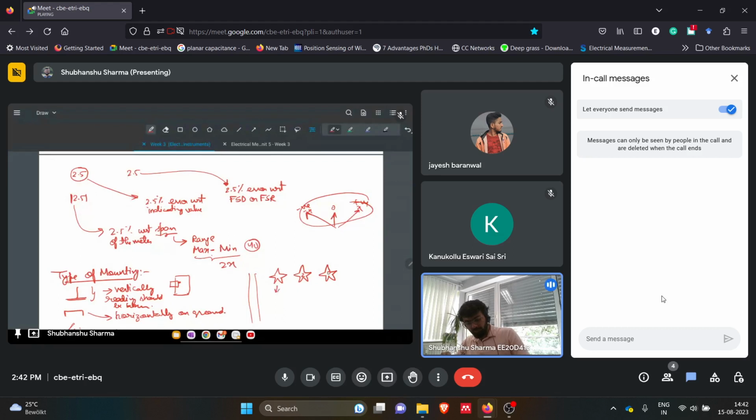This empty star means that the insulation of that analog meter has been tested for 500 volts. If there is 2 in it, that means the insulation of that analog meter has been tested for 2 kilovolts. And if it is 0, it has not been tested at all.